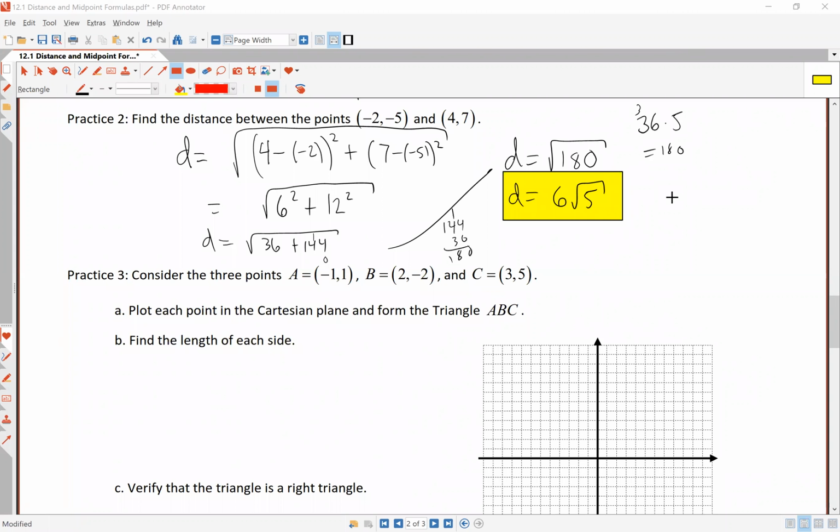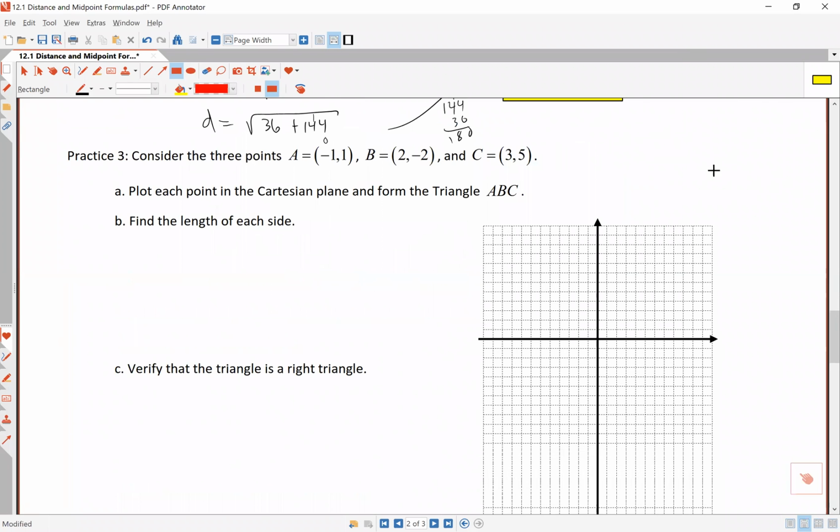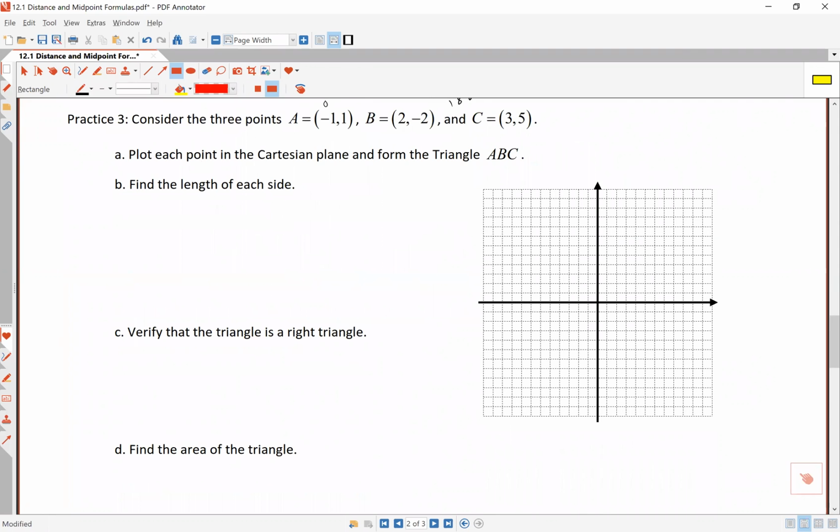Practice 3. I'll work this one out with you. Consider the 3 points A, which is negative 1, 1. B, which is 2, negative 2.